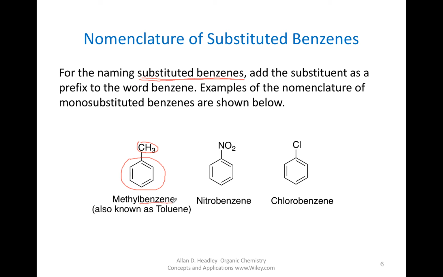So that becomes methylbenzene. No surprise, this is nitrobenzene and this is chlorobenzene. Notice this compound here is also known as toluene, and the next slide explains why.